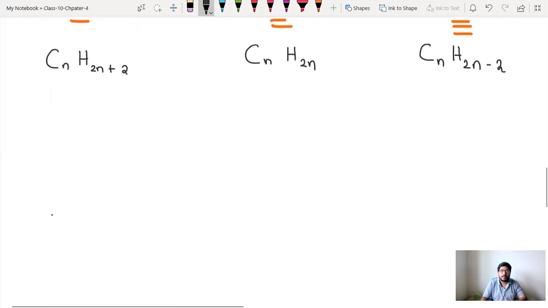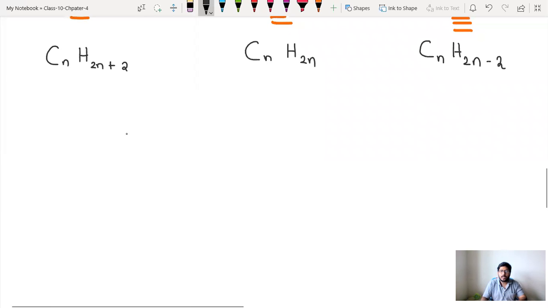You see alkane, alkene, alkyne. If you substitute 1 in alkane, it will become C1H, 2 into 1 is 2, 2 plus 2 is 4, so C1H4. If you substitute 1 in alkene, it becomes C1H2.